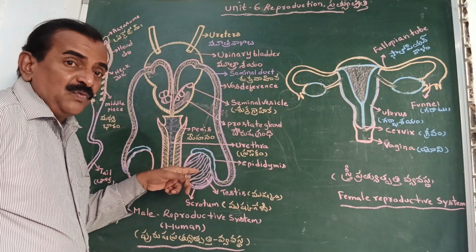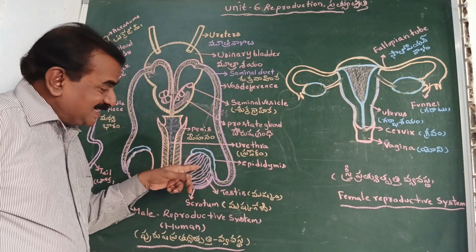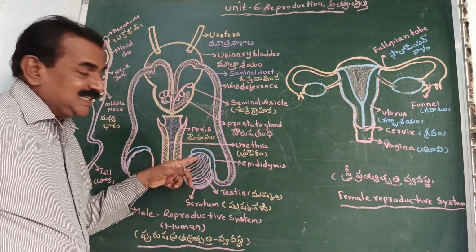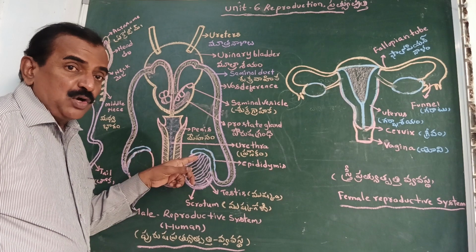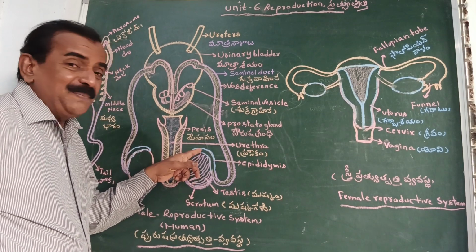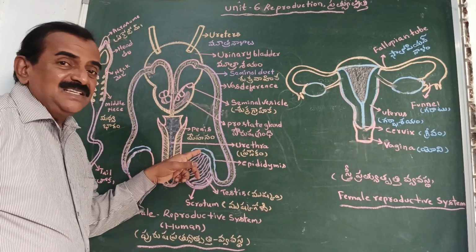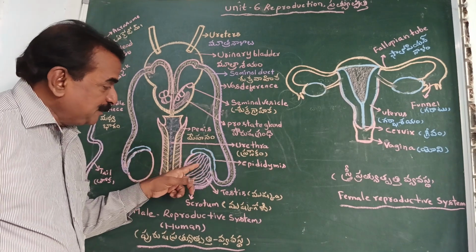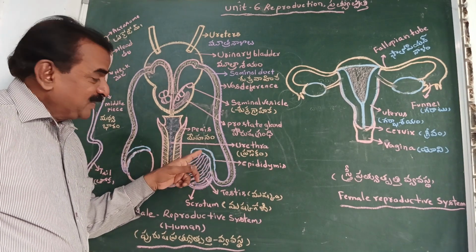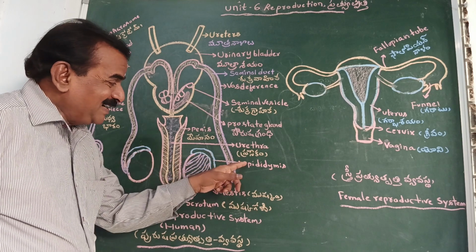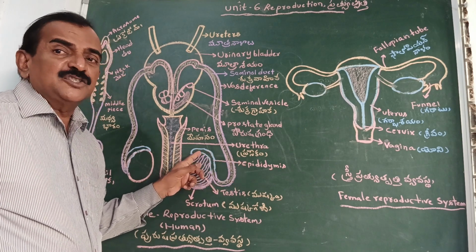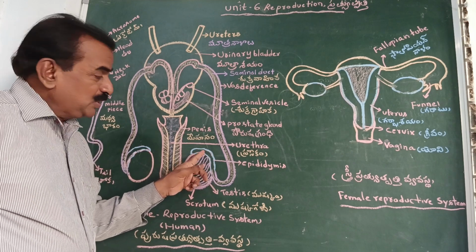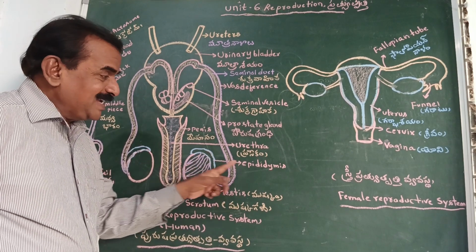Next, seminiferous tubules are present in the testis, and they open into the vasa efferentia, and these small tubules open into the epididymis. The epididymis is a coiled tube-like structure present at the back of each testis. In the epididymis, sperms are lodged and stored.